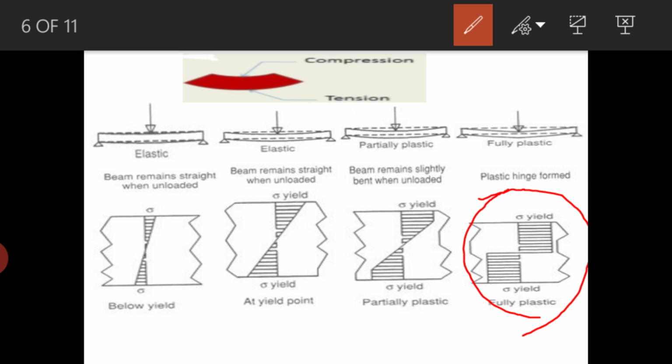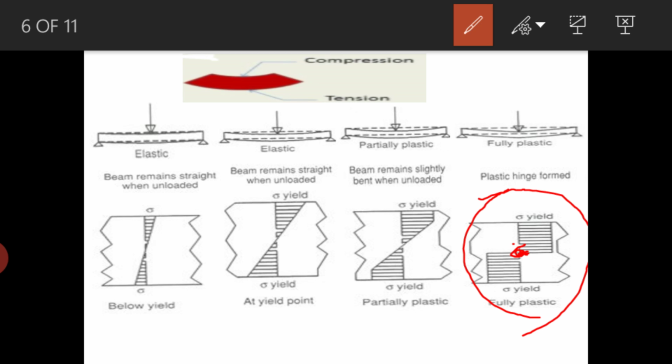Any further increase in the bending moment or loading cannot be resisted by the section, and an instability is reached. At this stage, an instability will be reached, as would happen if a hinge was provided at the section. Then a plastic hinge will be forming here at this point.